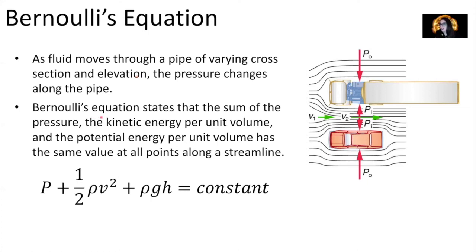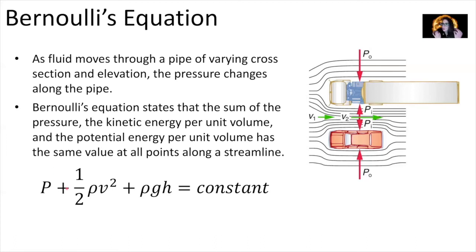So Bernoulli's equation states that the sum of the pressure and what we call the kinetic energy per unit volume and the potential energy per unit volume has the same value at all points along a streamline. A streamline is the path that one fluid parcel is going to take within your system.